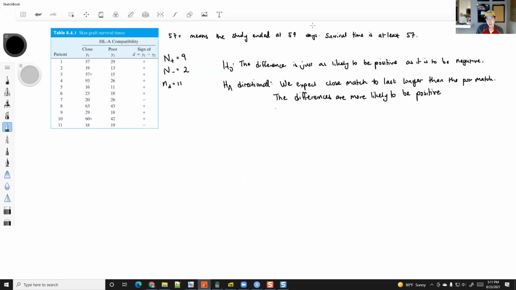Okay, and our data does indeed match the directionality.